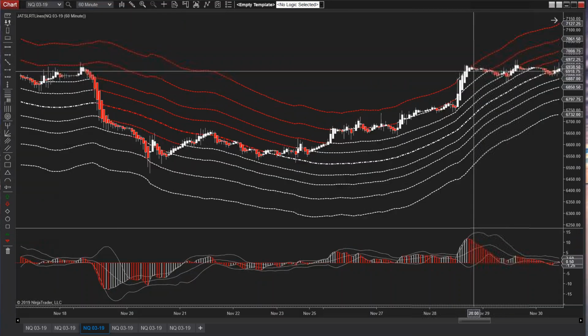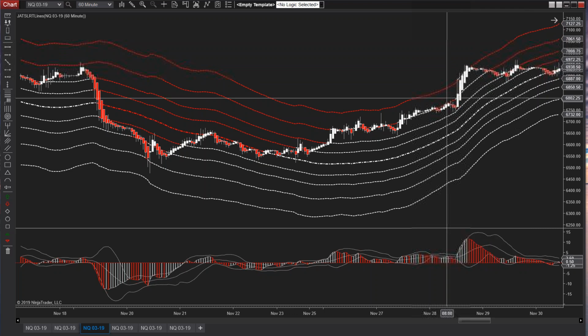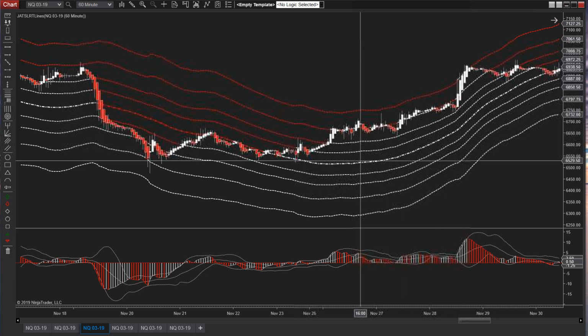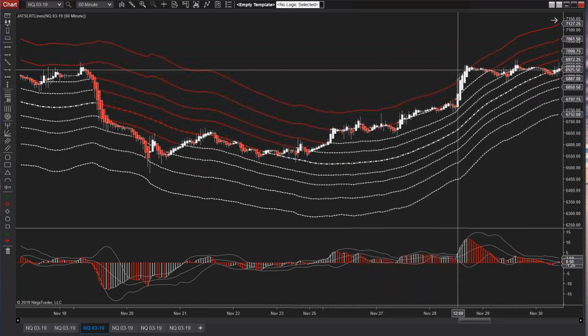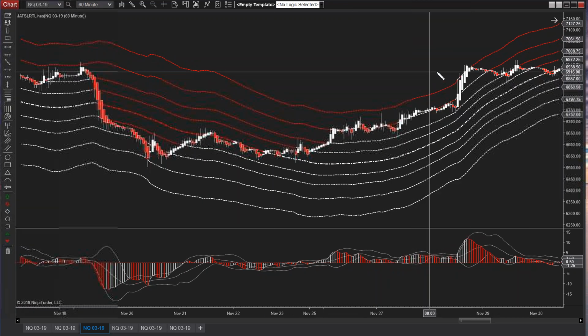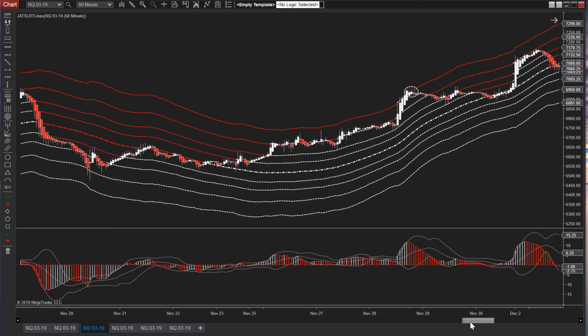So here's your golden opportunity again. We're out of bounds. Slope, also remember, is key for this. But these are repeating patterns, this out of bound trade. Here's another one in November.